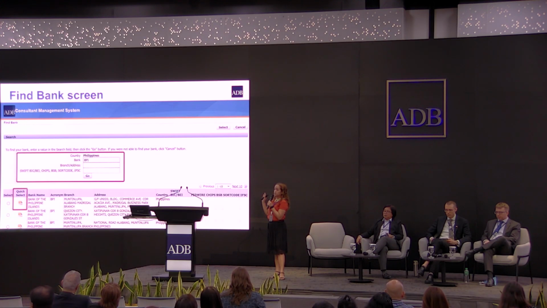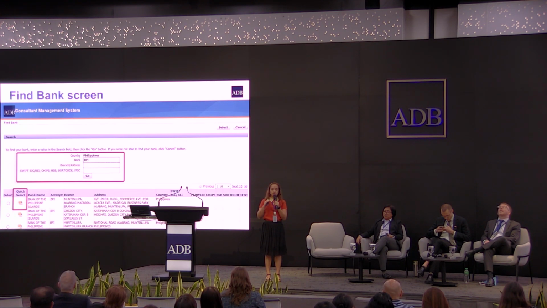But take note that these are just search fields, so you do not have to input information in all 3 fields. For example, if you just want to search for your bank name, just indicate the bank. Like in the example screenshot, we searched for BPI, and then in the list below, when you click go, it will list all the banks with the name BPI.